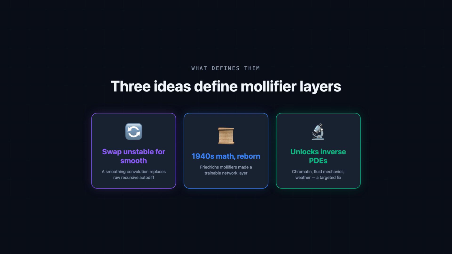Stable high-order derivatives let neural networks tackle inverse PDEs across science, from chromatin organization inside cells to materials, fluid mechanics, and weather. It is a targeted fix, not a universal solver, but it removes a very specific and painful bottleneck.